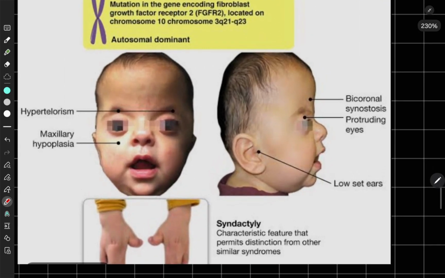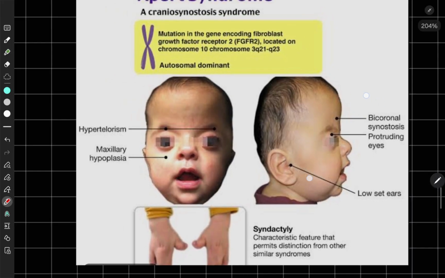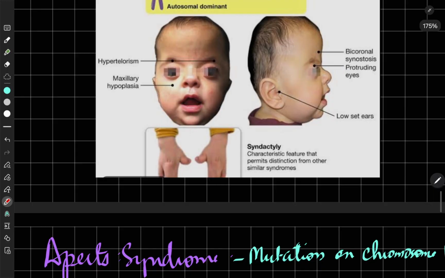In this, it is also autosomal dominant. There is hypotelorism, maxillary hypoplasia, bicoronal synostosis where the coronal sutures fuse, protruding eyes, low set ears, and syndactyly.